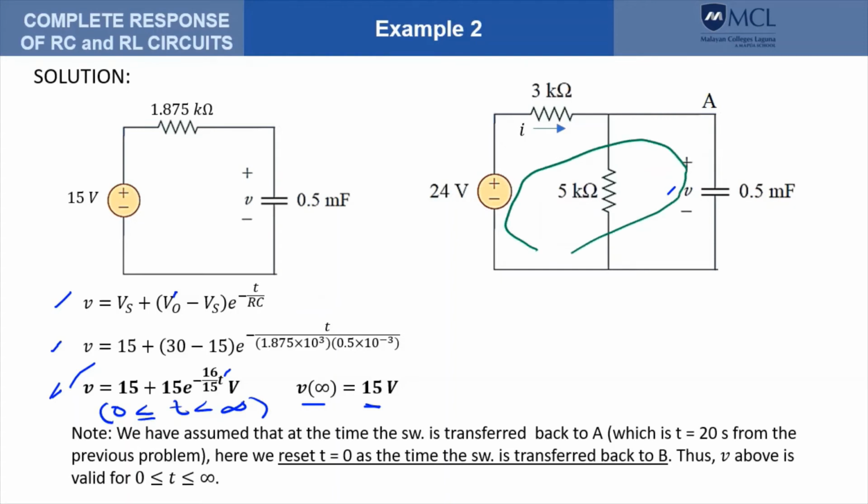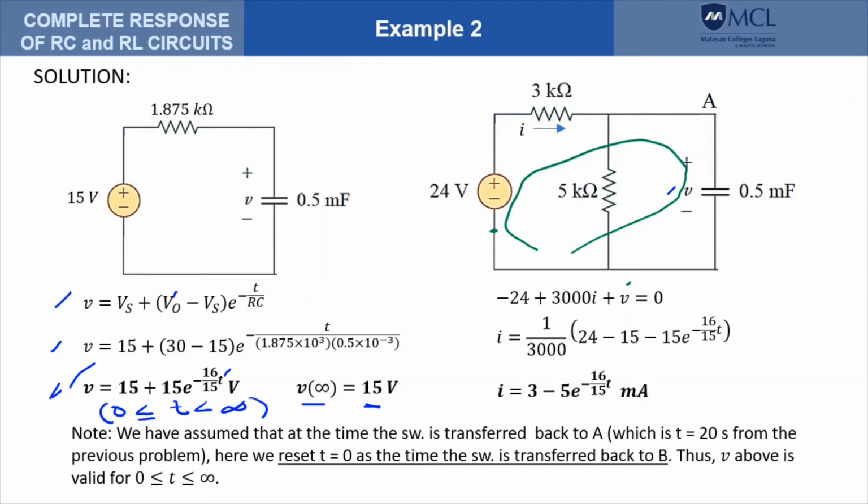Okay, starting from here, that should give us a KVL equation that looks like this. So we use the voltage across the capacitor in writing the KVL equation. Solving for I, that should give us this expression for the current I.